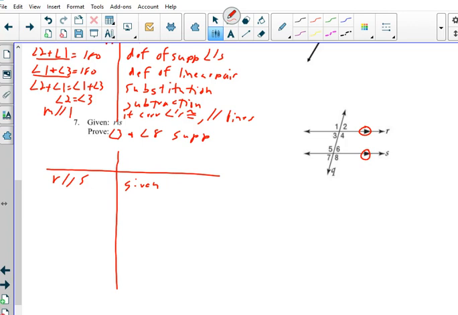So, first off, we say, and there's a few ways to do this, but angle 3 and angle 5 are supplementary. Okay? And that's consecutive interior angle theorem.